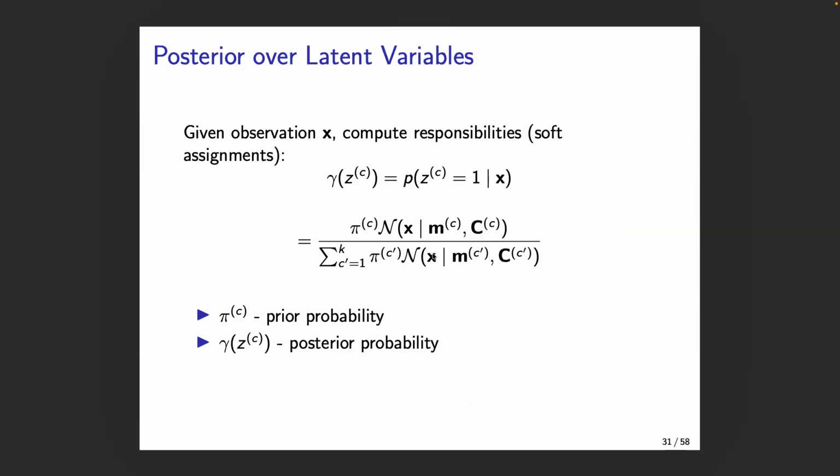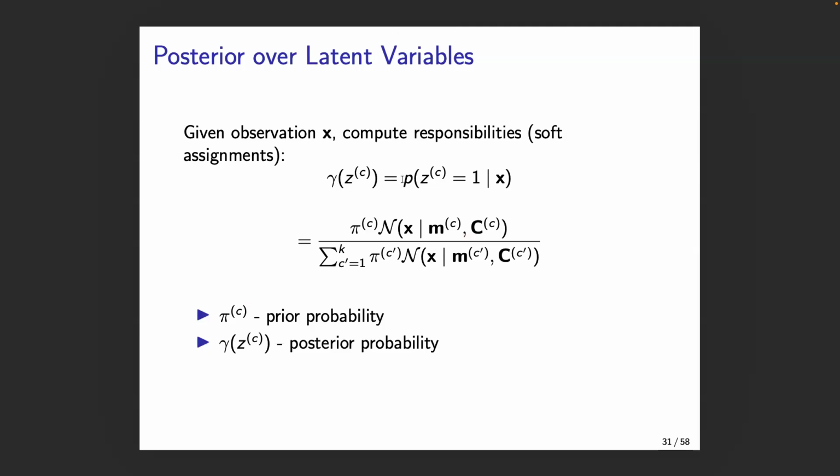And now we talked about the fact that in this case, instead of hard cluster labels, we assign to each data point soft labels, meaning that each data point can belong to each cluster with a certain probability. So how do we compute these soft labels or soft assignments? Here we denote these soft labels as gamma.